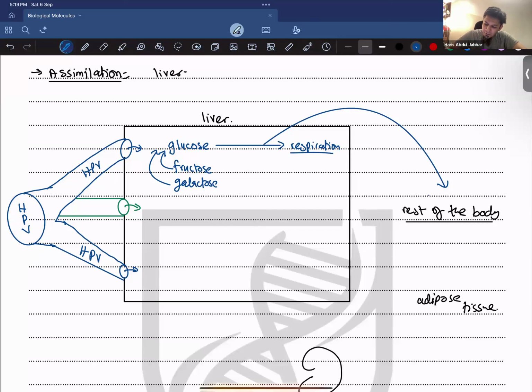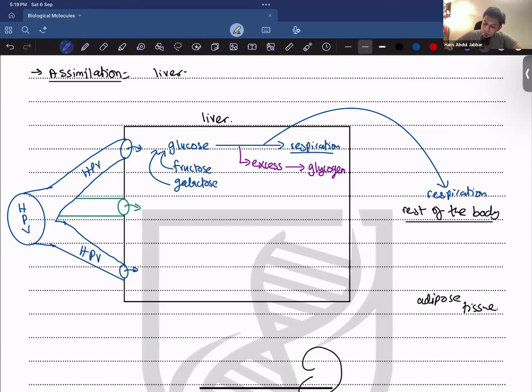So this glucose, by the liver and by the rest of the body, would be used for respiration. Now if this glucose is in excess, in the liver, excess glucose will be condensed and stored as what? It's going to be stored as glycogen, right?